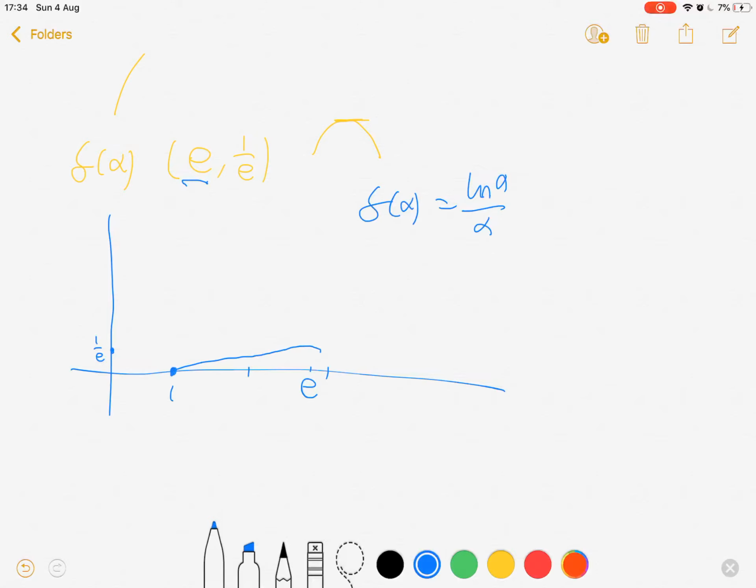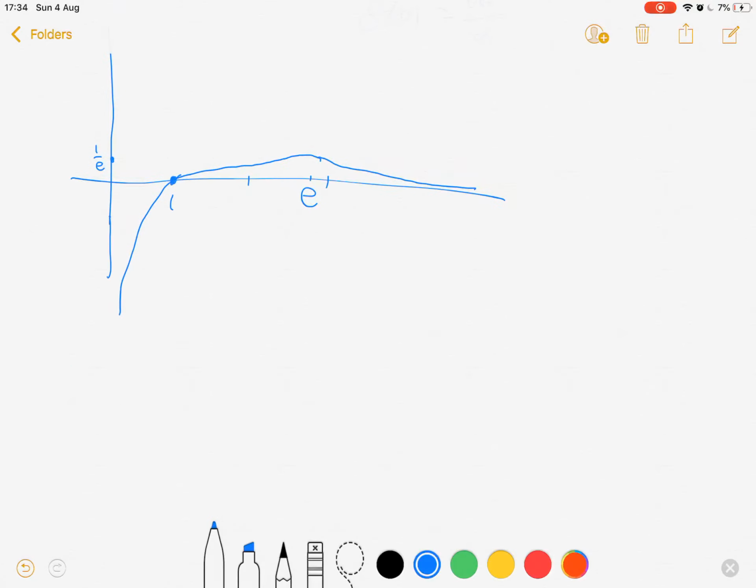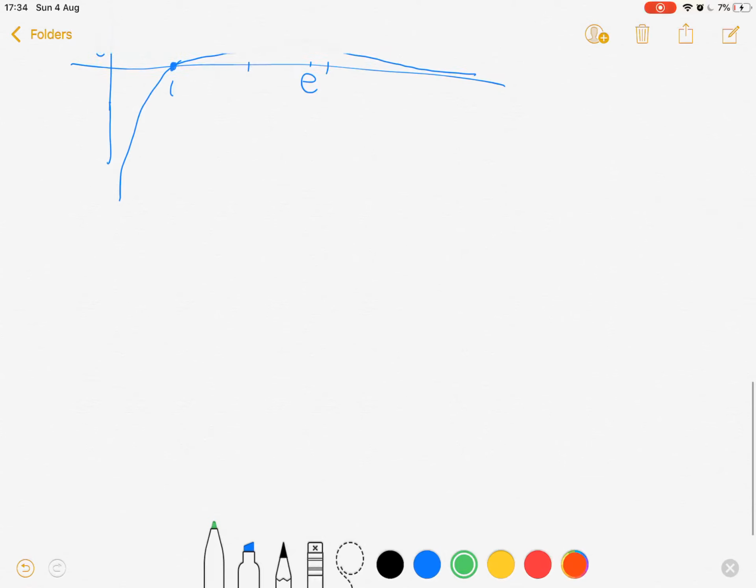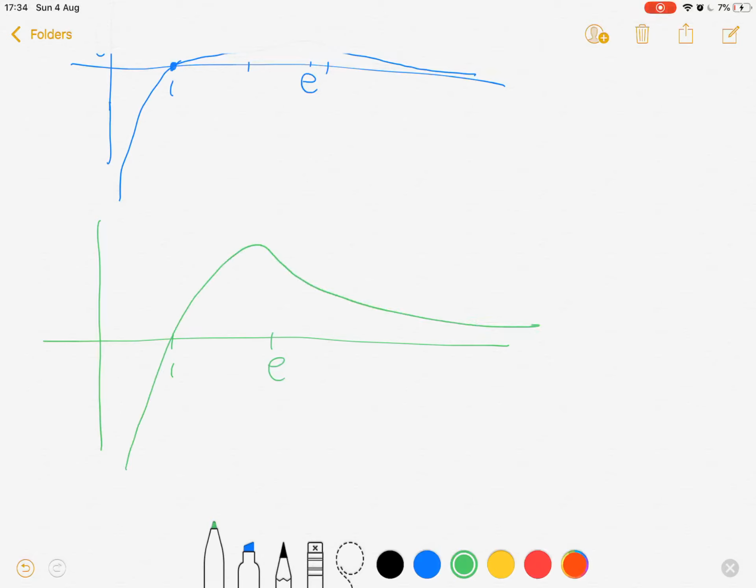Yeah, and if I were to distort this so that it looks better, 1, e, yeah, that's it. This is 1 over e.